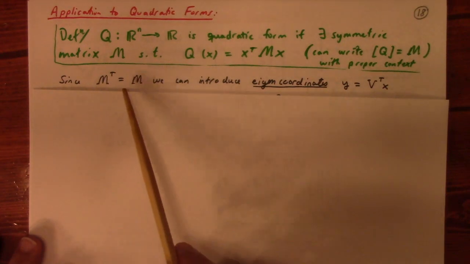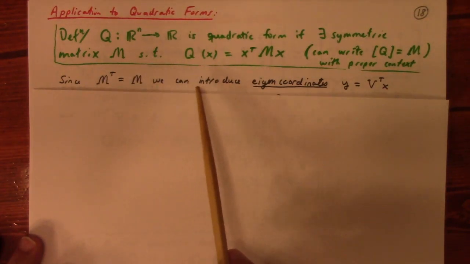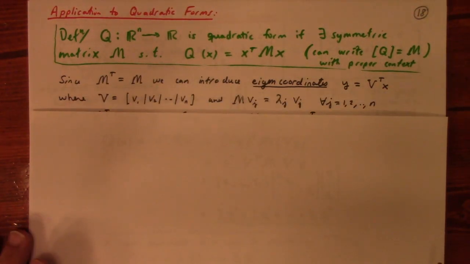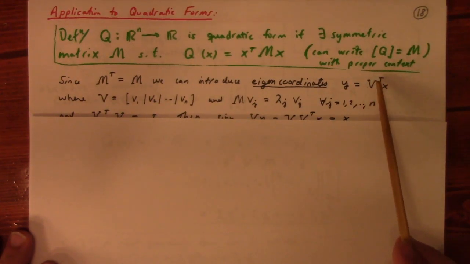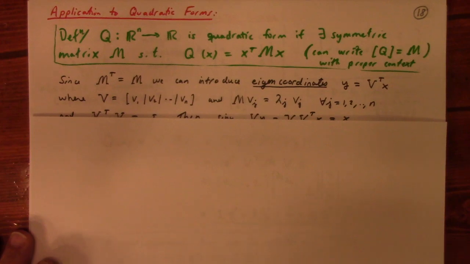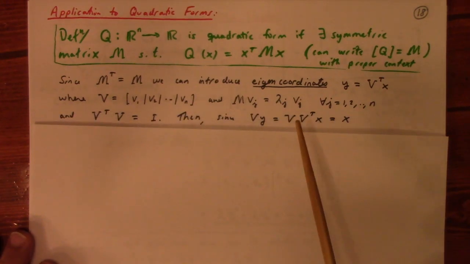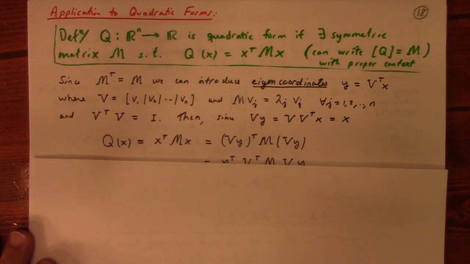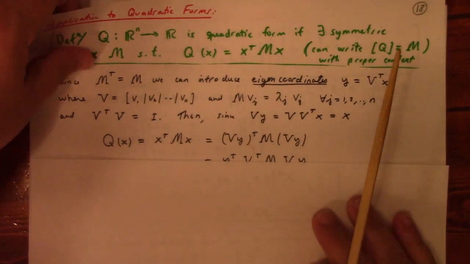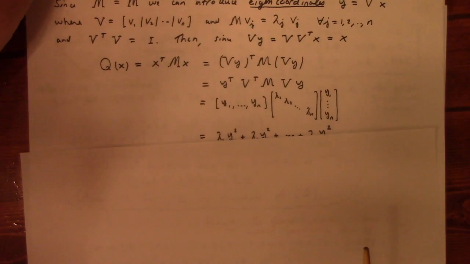All right, great. So since the matrix for a quadratic form is symmetric, we can introduce eigencoordinates. y equals V transpose x, where V is the matrix of eigenvectors, with eigenvalues lambda j for vj. And so, a little calculation right here. Let me scooch it up here a bit so we can see it.